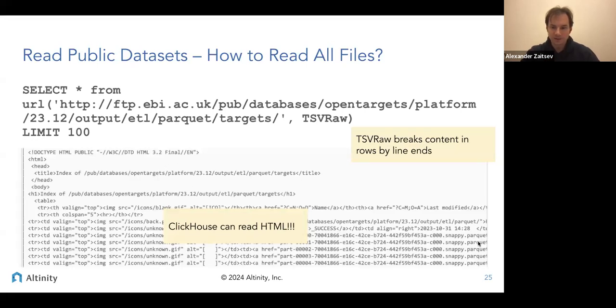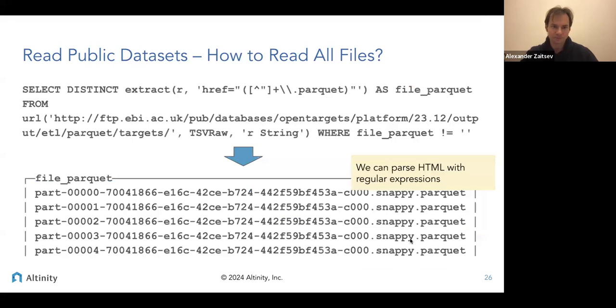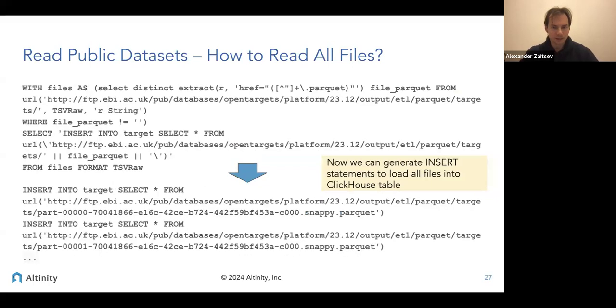We can see that there are names of the files here, and we can try to extract them with what? Of course, regular expressions. So this is a query to extract file names. We read the same page, right? But as a string here, we add a structure and then use the extract function, which is a regular expression parser in ClickHouse, in order to parse those file names. So what's next?